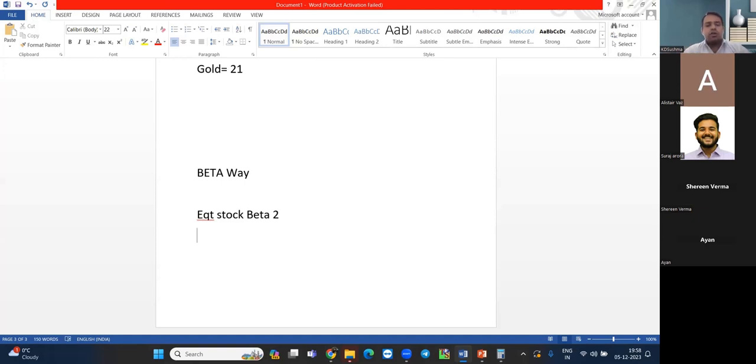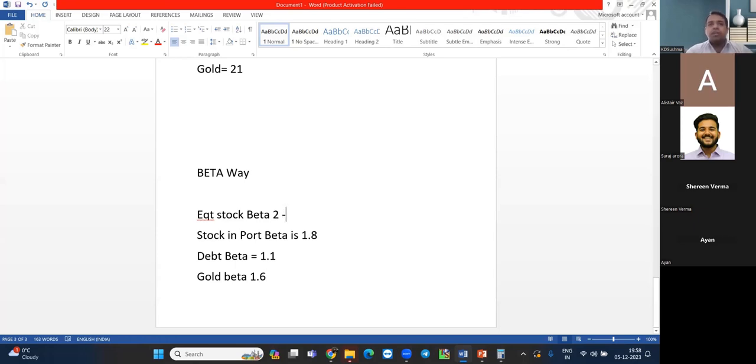There is another stock in the portfolio whose beta is 1.2. And there is a debt part whose beta is 1.1. There is a gold allocation whose beta is 1.6 for that matter.